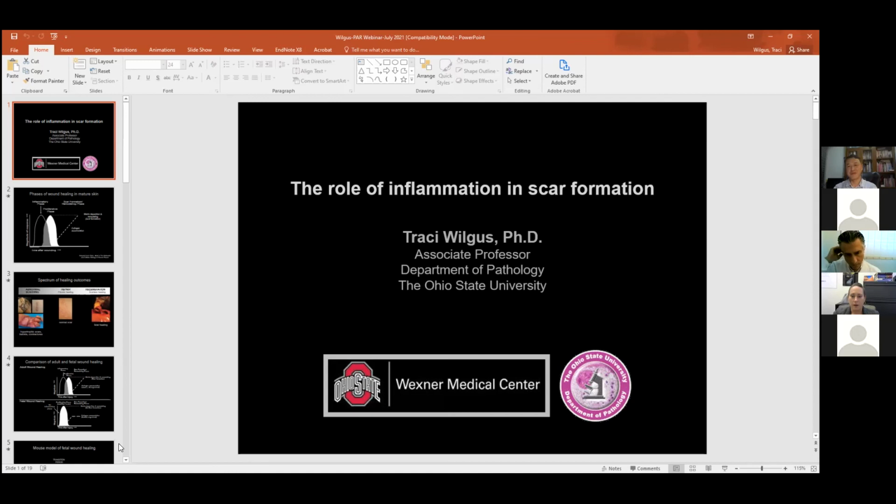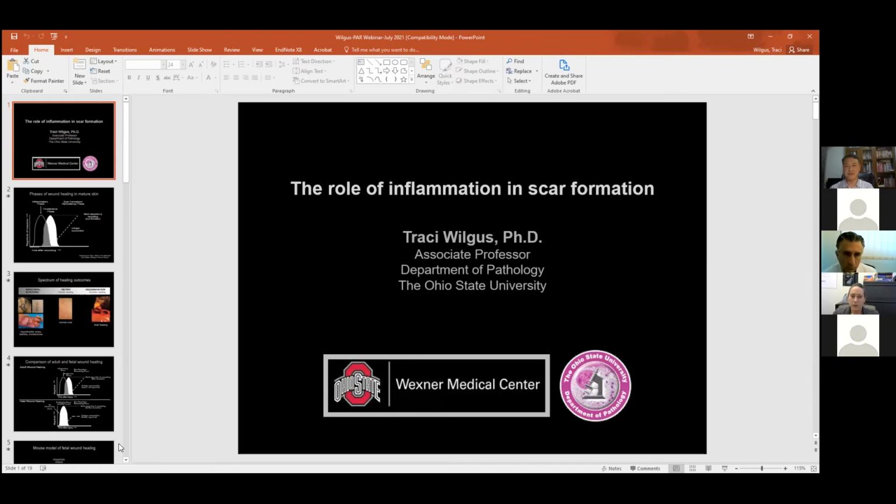And the other thing is, I think for certain types of wounds, you might be able to get away with delayed healing if you have less scar formation in the end. So I sort of come at the wound healing field from a cancer background.